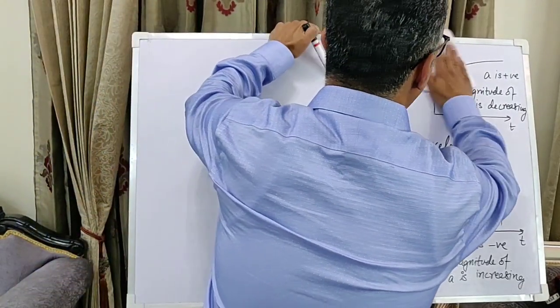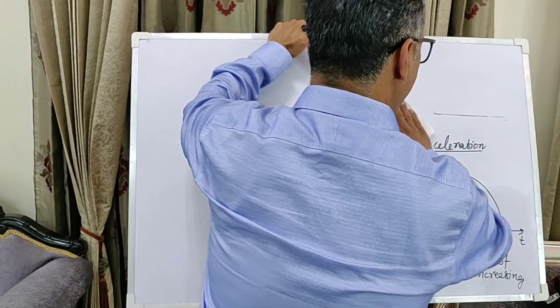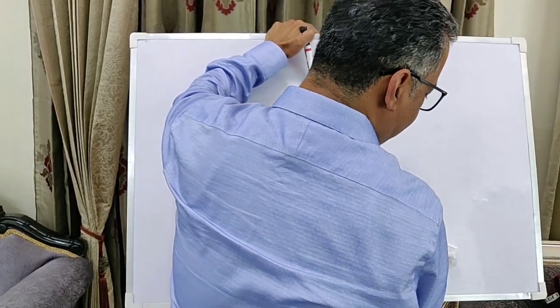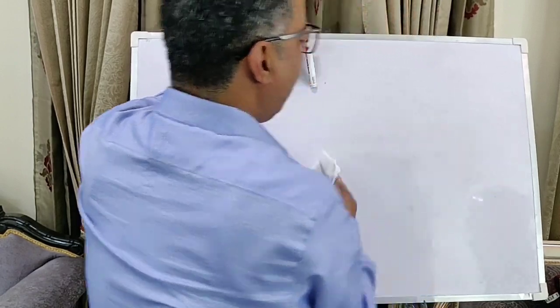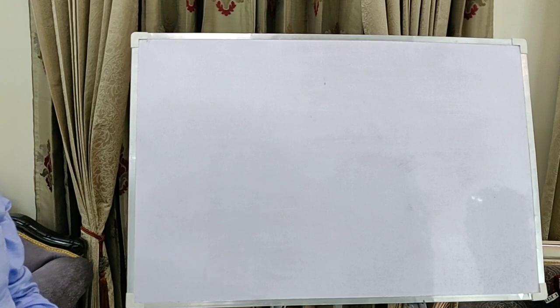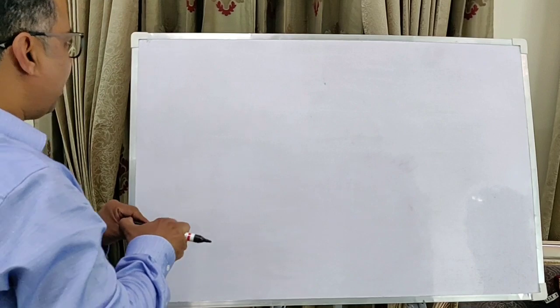The area under the velocity-time graph in a given interval equals displacement in that interval. And then the slope of the v-t graph gives acceleration. We've seen that. And now we move to the acceleration versus time graph.